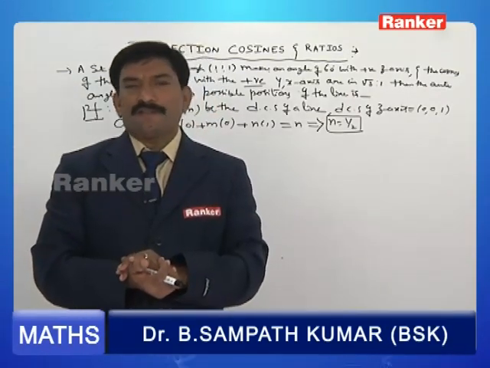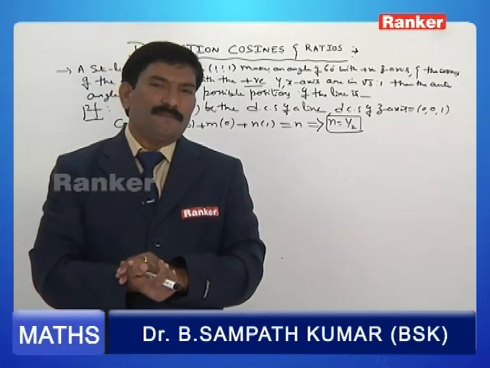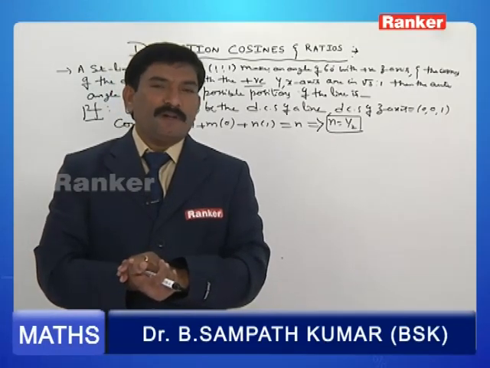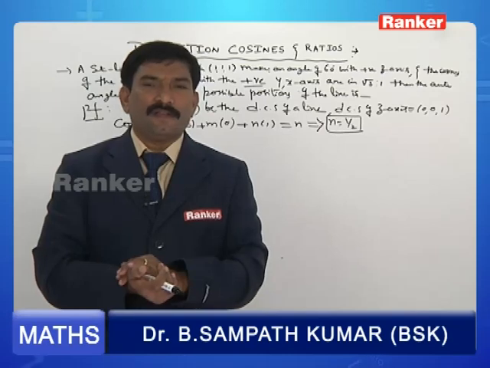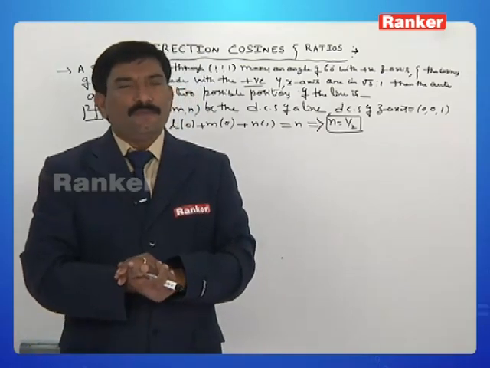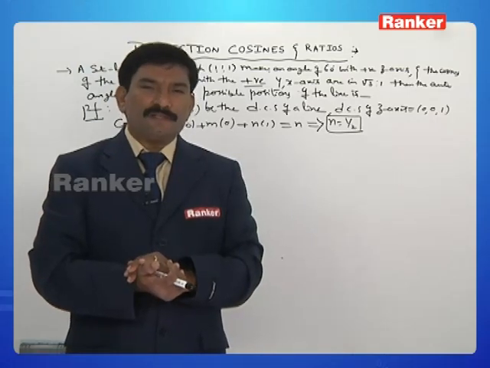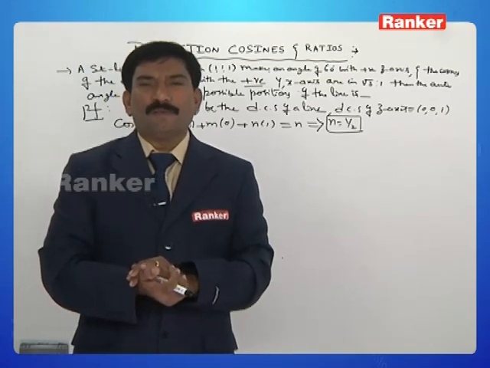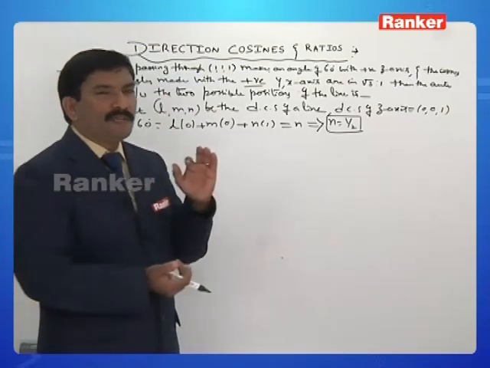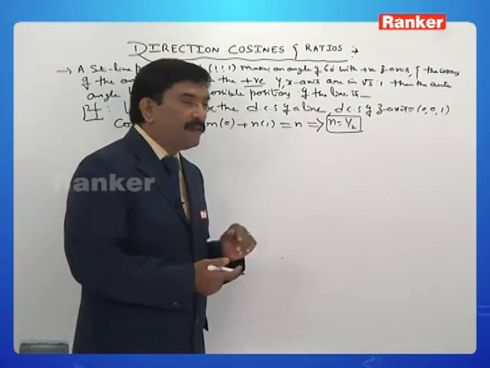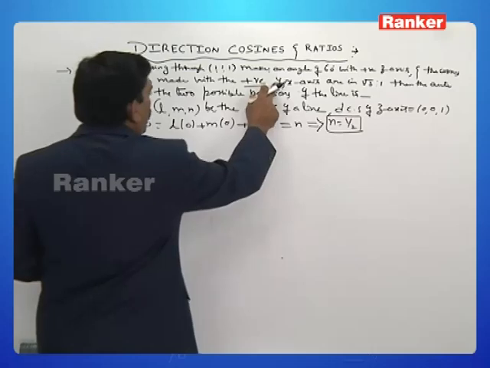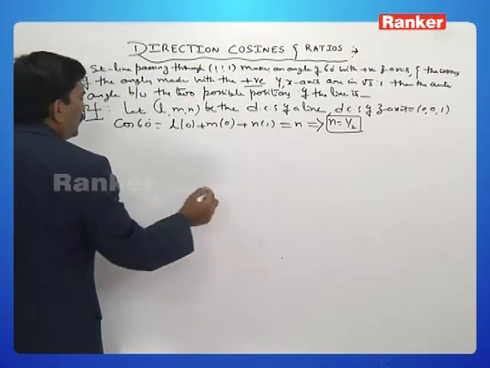Then cos alpha, cos beta and cos gamma are the direction cosines of the line. Later we denote them as L, M, N.